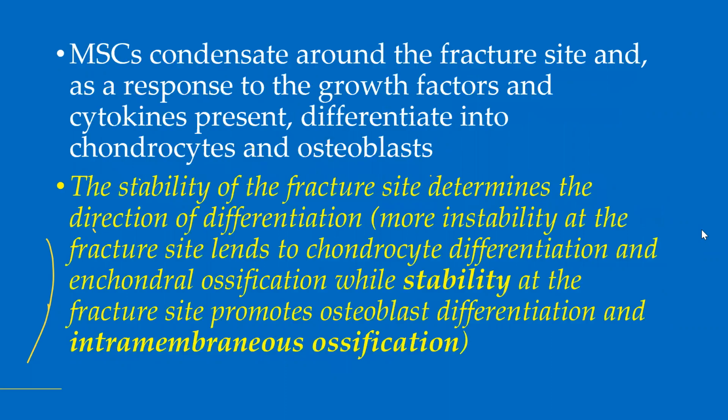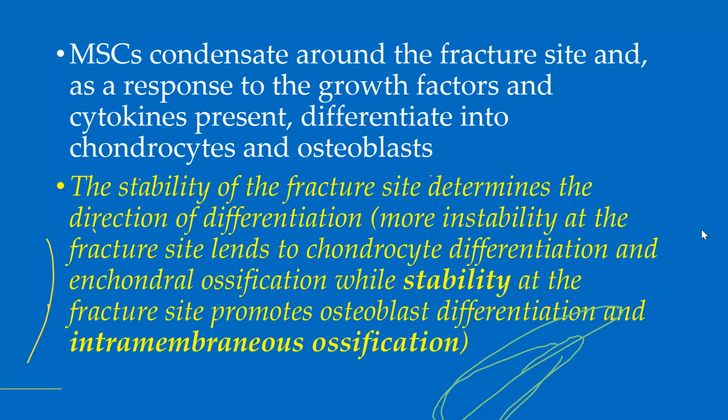Soft callus phase, I will go through it very quickly. But you have to know this. I'm repeatedly saying it in different ways. The mesenchymal cells condense around the fracture site, and as a response to growth factors and cytokines differentiate into chondrocytes and osteoblasts, as I've repeatedly said. The stability of the fracture site determines the direction of differentiation.